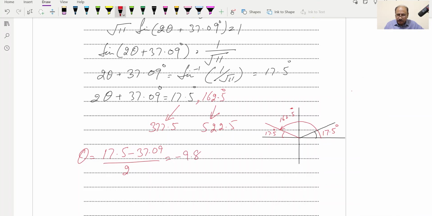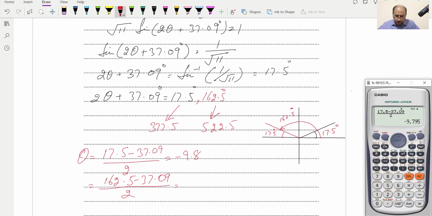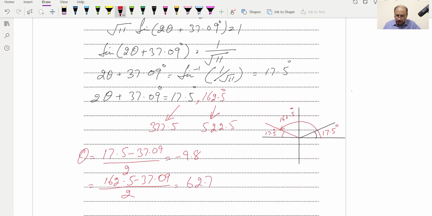So the next angle which we can find will be 162.5 minus 37.09, over 2, and this will be 62.7.